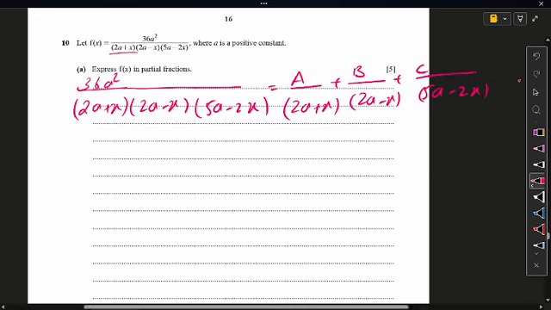That would be the first thing that you have to keep in mind, because the factors are linear and non-repeated, so you can write in this way.